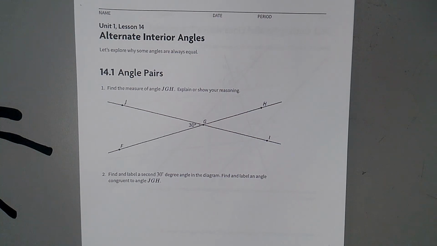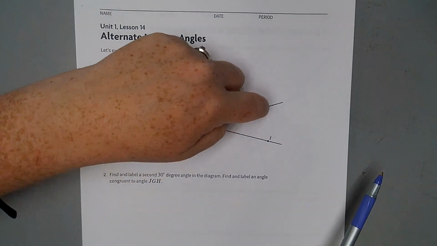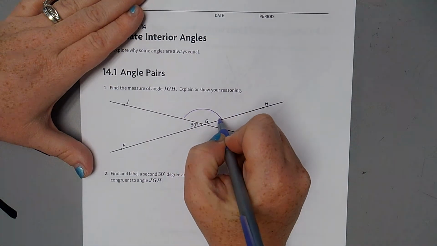So we're going to explore some alternate, which means opposite, interior, inside, angles. Find the measure of JGH, the angle that goes from here to here.